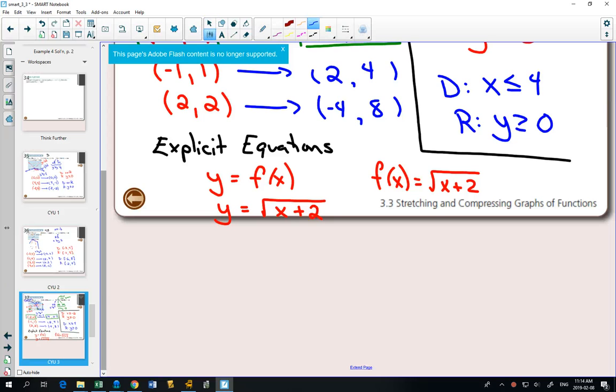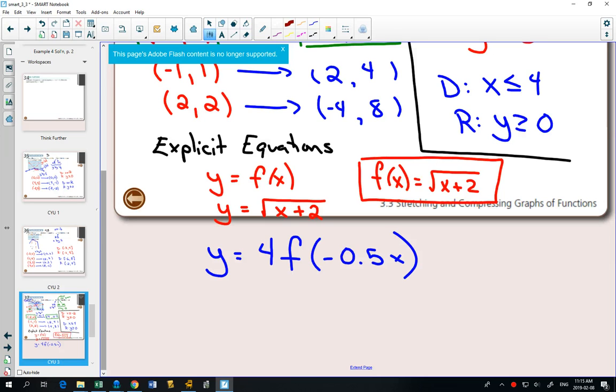What is the equation of our blue graph? In function notation, they told us the blue graph is 4f of negative 0.5x. So if we knew the actual equation of the function, which we just figured out using our translations, could we write the actual equation of our blue graph? What do these things mean?